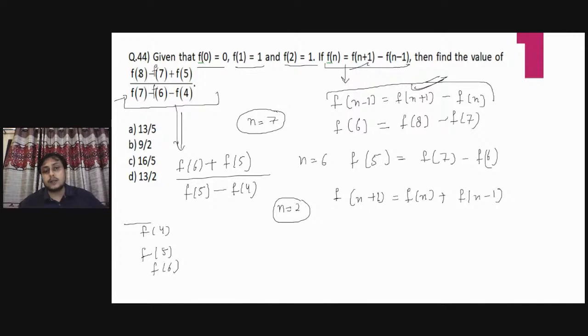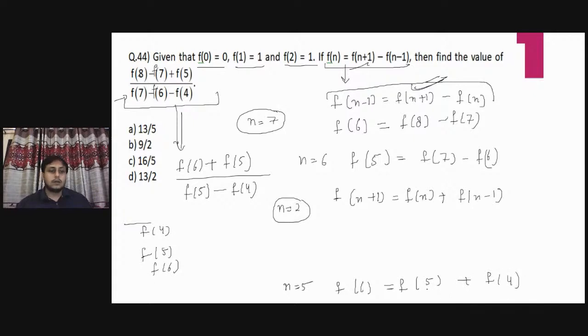Because I cannot directly find f6. If f6 has to be found, just put n equals to 5. So it becomes f of 6 equals f5 plus f4.